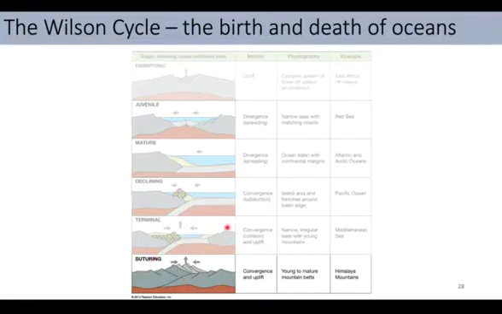So as this continental crust is carried towards the other continental crust by this subduction, eventually this continental crust will smash into the other continental crust. Neither of them can sink down, neither of them can subduct. So if you imagine you're at the beach and you take your hands on top of the sand and you push two piles of sand together, the sand is going to go up.